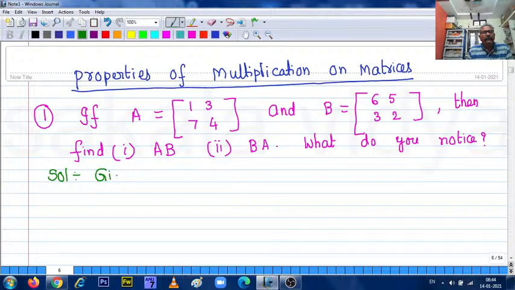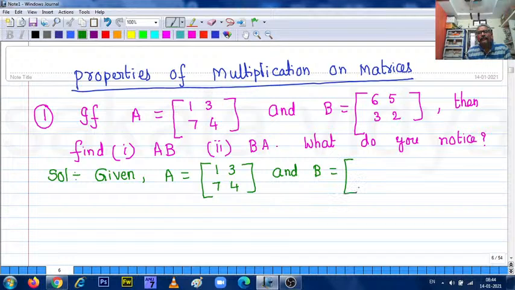Here given A equals to 1374 and B equals to 6532.